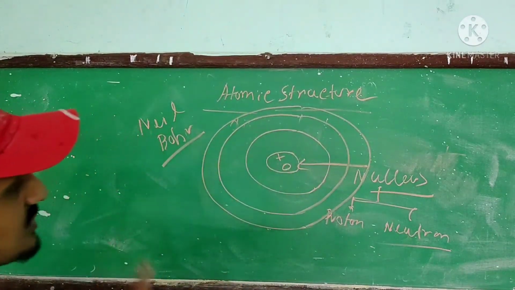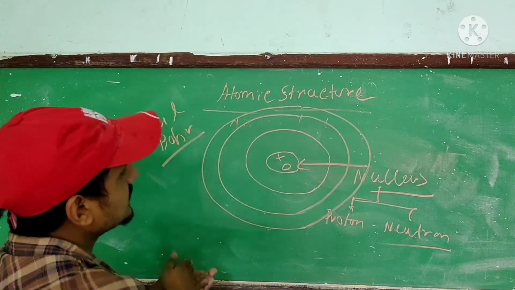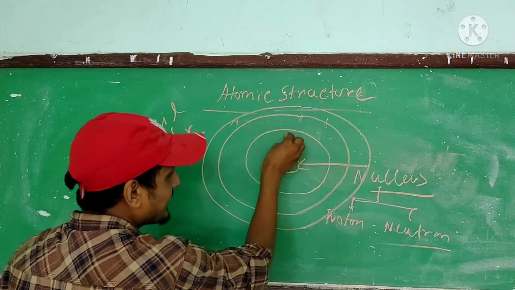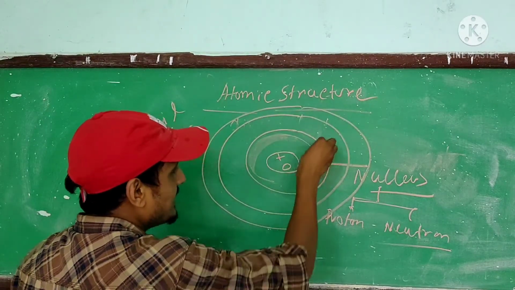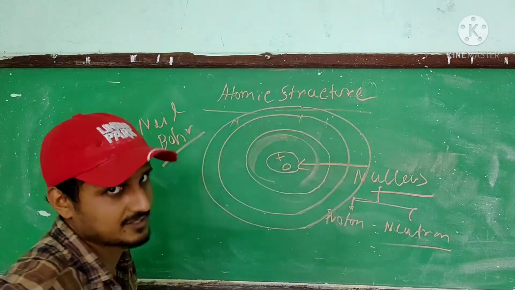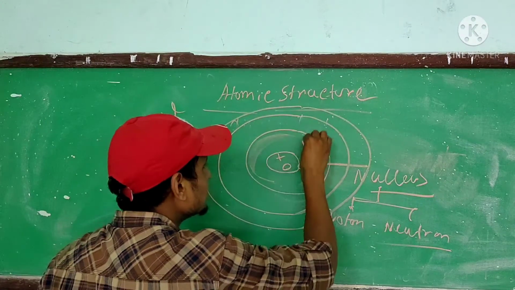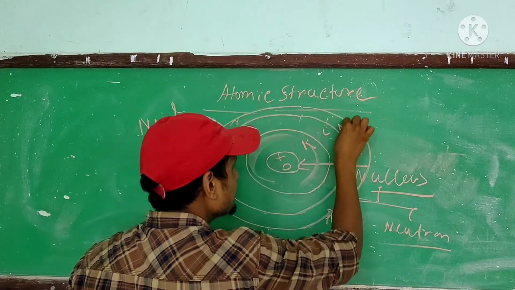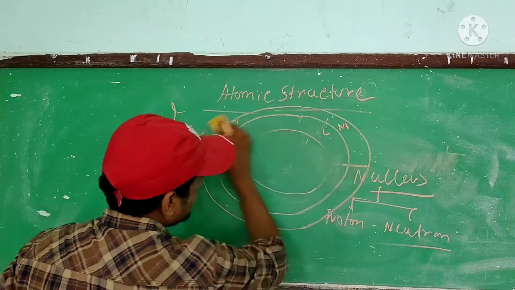This is the actual structure of an atom, where most of the space around the nucleus will be vacant, and in different orbits electrons will be there. These orbits will be named K, L, M.